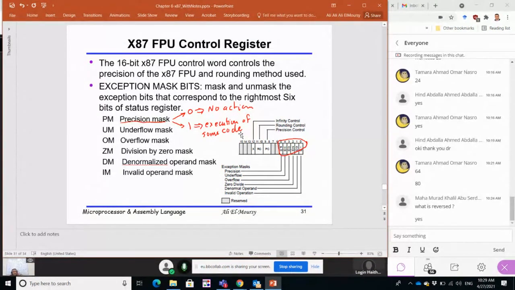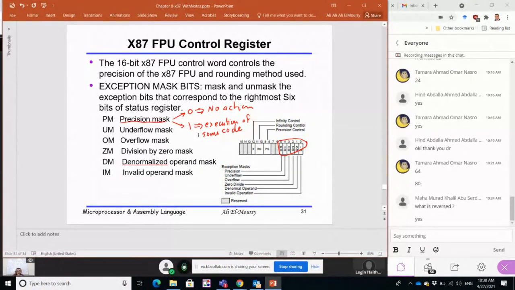To configure whether I want to take action with the exception or not, this is done by setting one or more of those bits to either 1 or 0. 0 means I don't want to know about the error. 1 means please tell me about the error. تمام كده؟ طيب, what action will be taken if there is an exception?